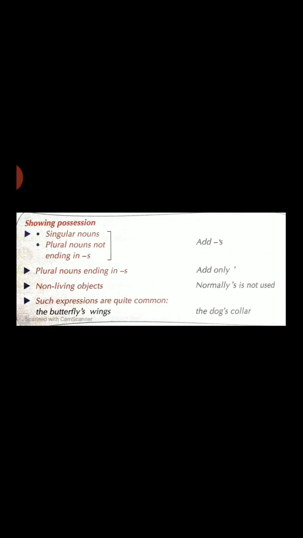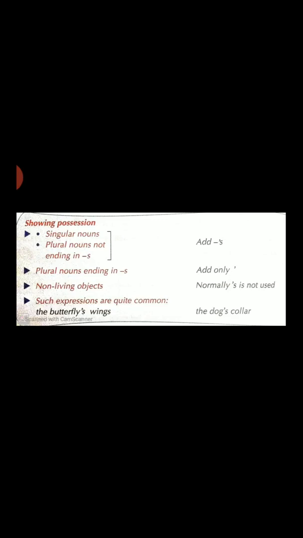In irregular plural nouns like men, children, we add apostrophe and s to show possession. For example, clothes of children are expensive. Exactly. How will we write it? Children's clothes are expensive. After n, I'll add an apostrophe and s. So it becomes children's clothes are expensive.